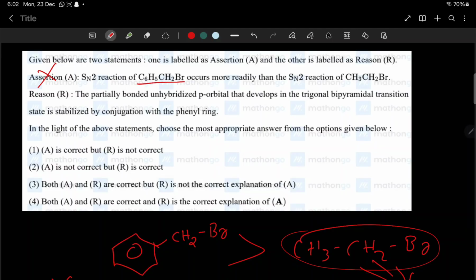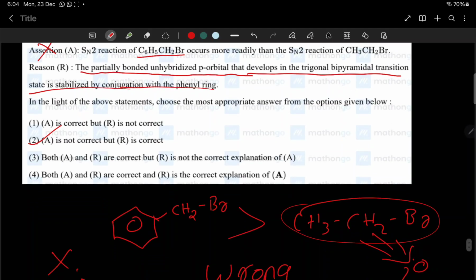Reason: the partially bound and unhybridized p orbital that develops in the trigonal bipyramidal transition state is stabilized by conjugation within the phenyl ring. Reason is correct, right? So assertion is not correct, reason is correct is the answer. Okay? Sorry, one thing we forgot to deal with, so that way the answer is wrong.